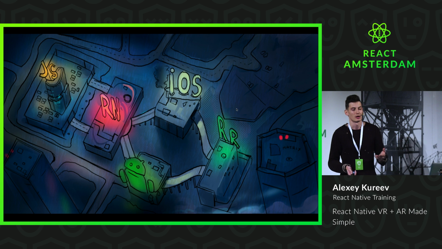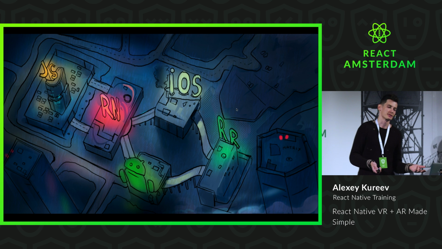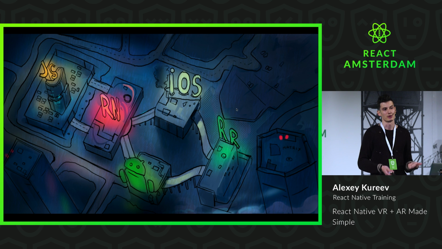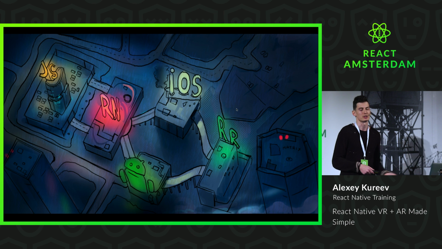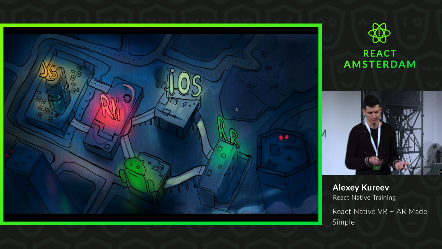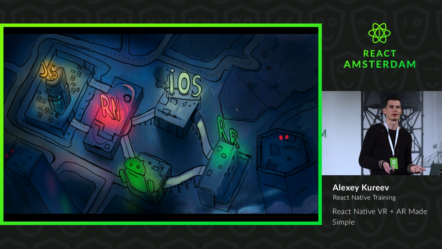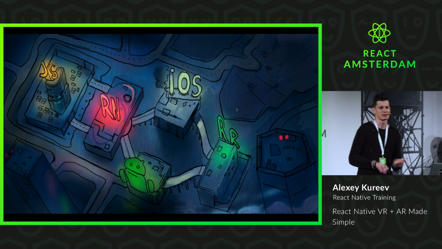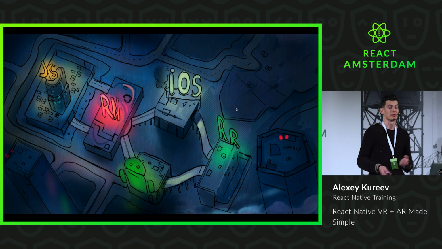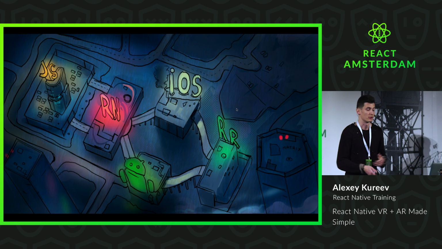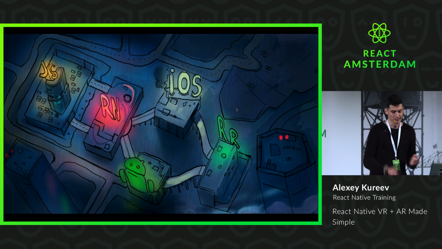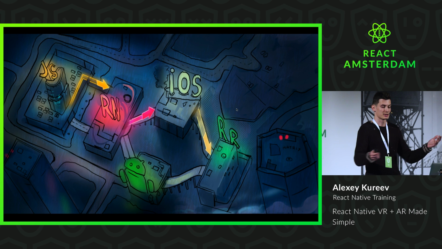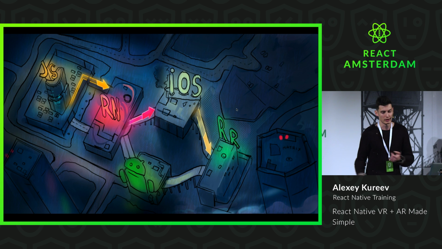For instance, for XMLHttpRequest, it uses NSURLSession on iOS and the OkHttp library on Android. For WebSockets, I believe it uses NSStream on iOS and, again, the OkHttp library on Android. So if you're curious, you can look it up by yourself. Anyway, this is the flow of the request, as I already outlined.